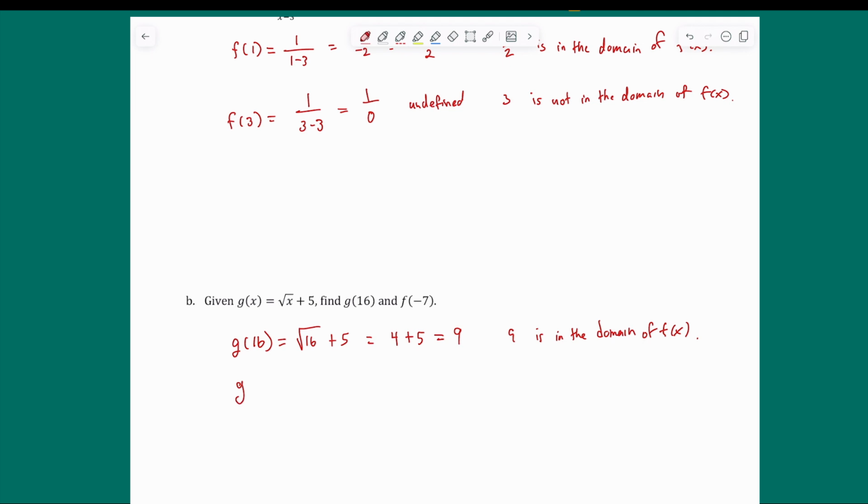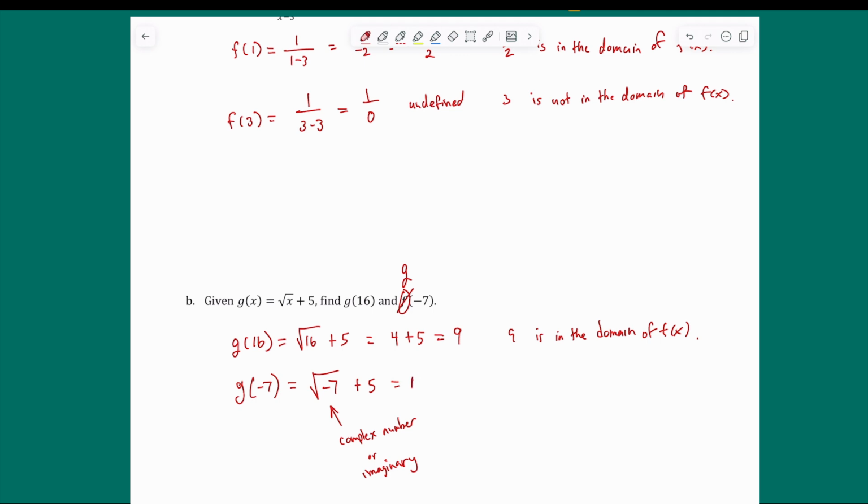Okay, we have, and I notice there's a typo here, that should be g. Let's cross that out. G of negative 7 is equal to the square root of negative 7 plus 5. Well, the square root of negative 7 results in a complex number or imaginary number. And so since we're only talking about real valued functions, negative 7 is not defined for real numbers.